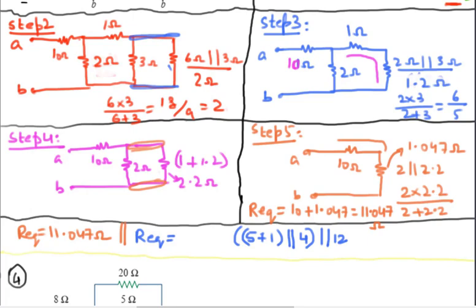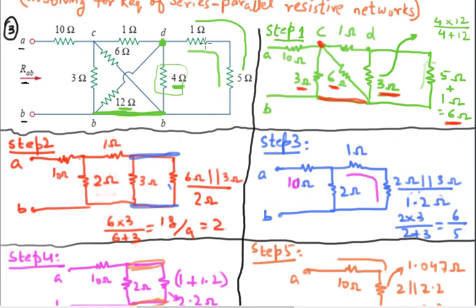How can you say that? Well, look at the circuit over here. 1 plus 5 is going to be just over here in the same line. That in parallel with 4 is going to leave you with just one resistor, which would be in this place. And that resistor is connected between D and B. The same is true for the 12 ohm resistor. It's connected between D and B. That's why this resultant resistor is in parallel with 12 ohms.